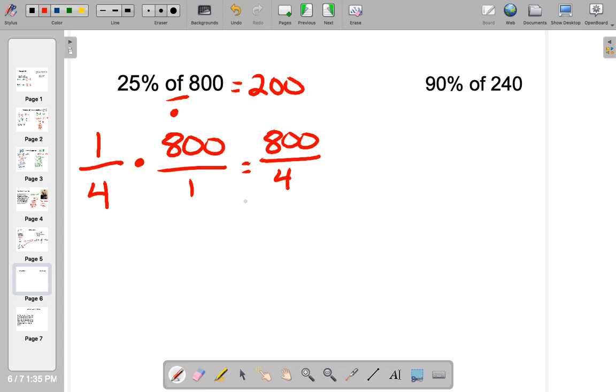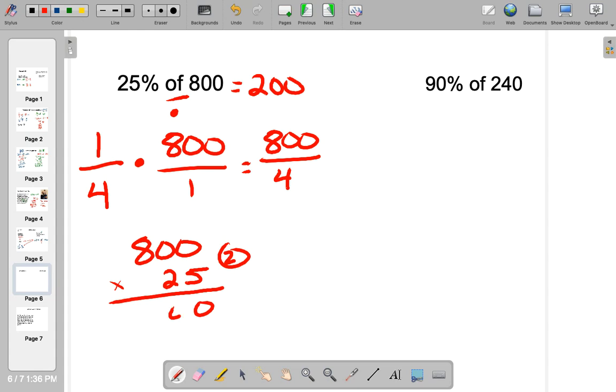Now, if I wanted to do this as a decimal like I did in the other video, I could do 800 times 25 hundredths as a decimal with 2 digits behind the decimal point when we are done. From here, I multiply.